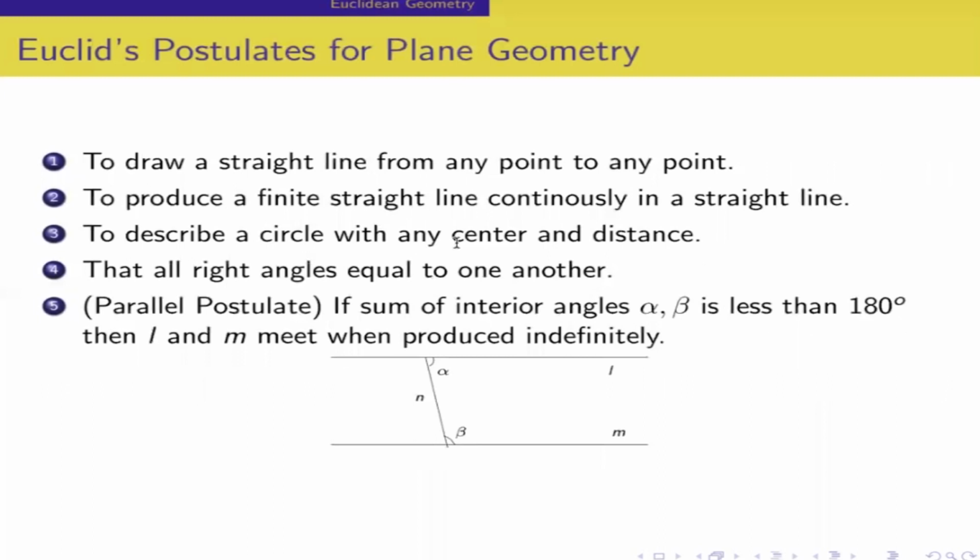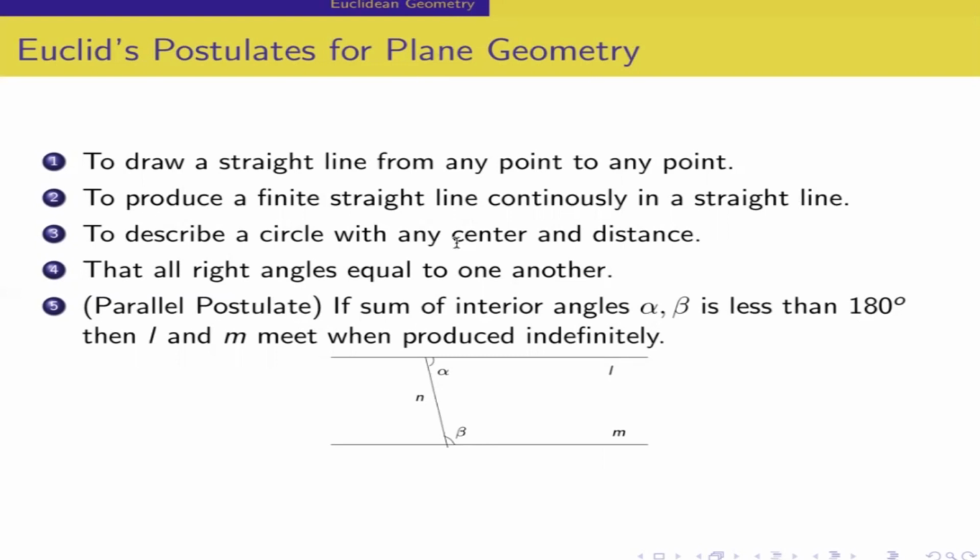Euclidean geometry is based on 5 axioms given by Euclid. What is the first axiom? If you are given 2 points, you can draw a straight line between them. So the first axiom tells us to draw a straight line from any point to any point.